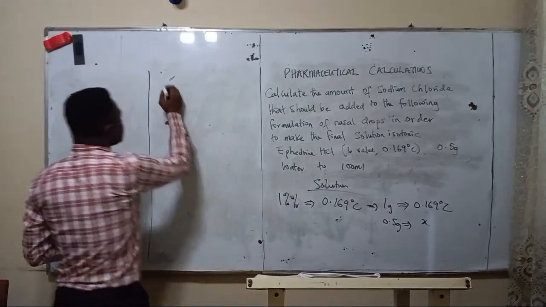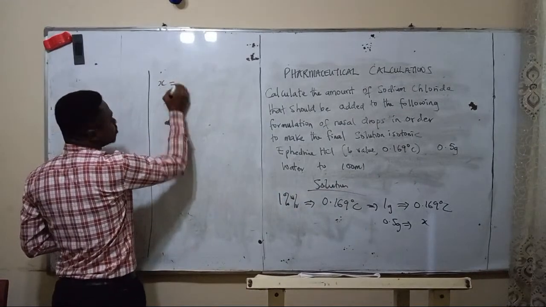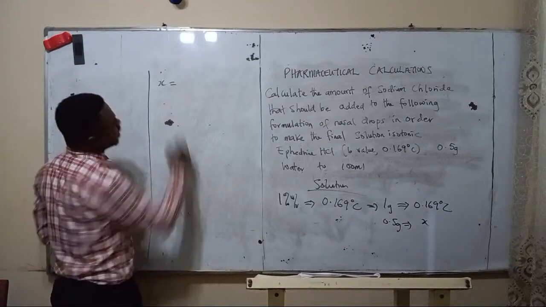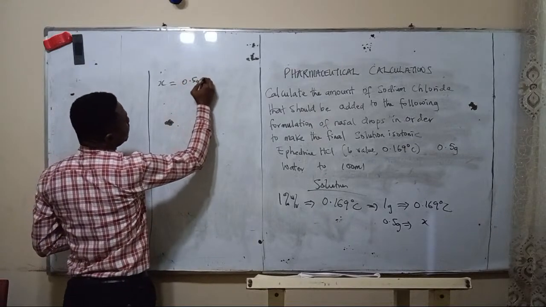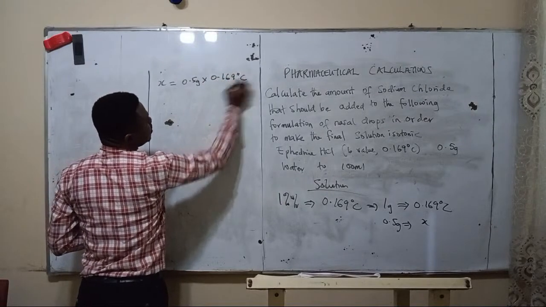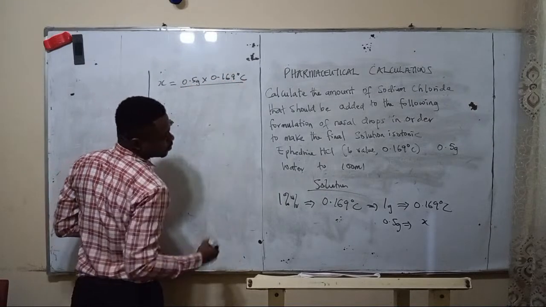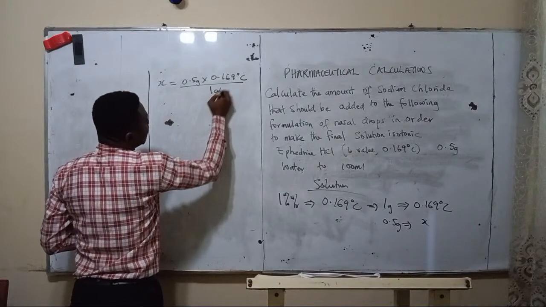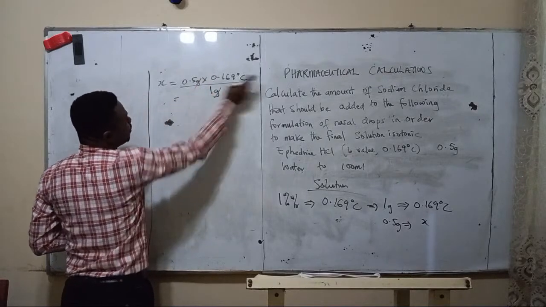So let's find this X. X is now equal to what? We cross multiply: 0.5 gram times 0.169 degrees Celsius, all over 1 gram. Gram will cancel gram. This is half of this.